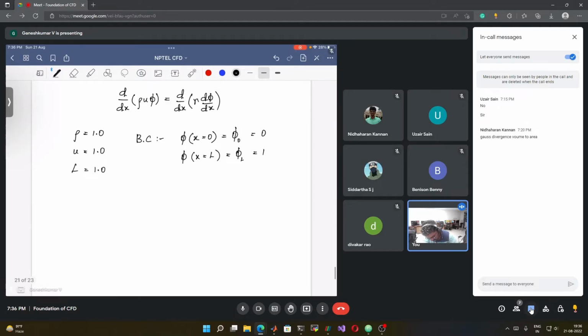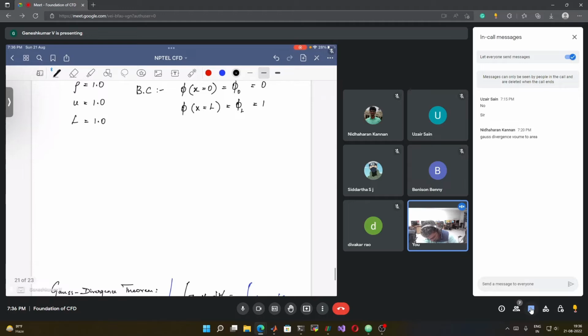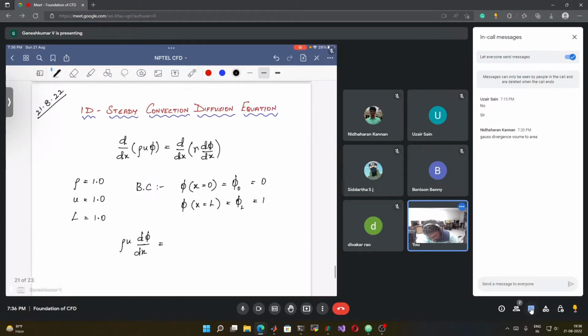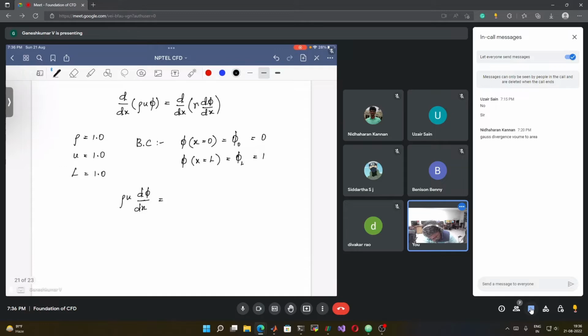What we will do is take rho and u outside, because it is constant. So it will have rho u dphi by dx equal to gamma, which is also constant, the diffusion coefficient, times d square phi by dx square.